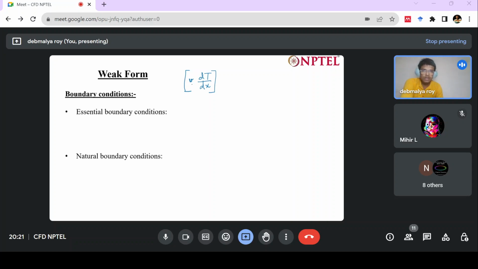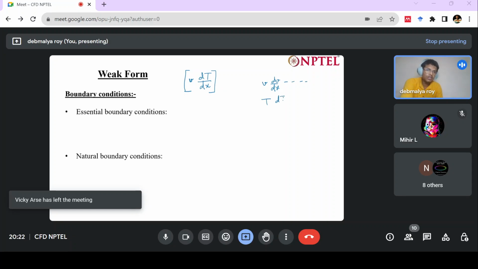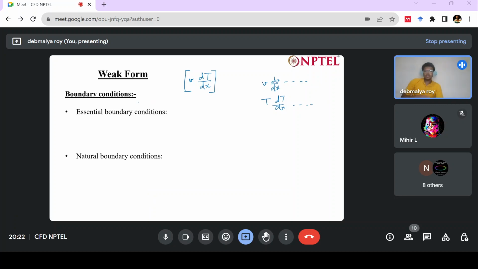Here also you may have v, dv/dx or whatever higher derivatives multiplied with t or dt/dx or any higher derivative. In essential boundary conditions, the variation term, suppose v is there, becomes 0. Why does it become 0?